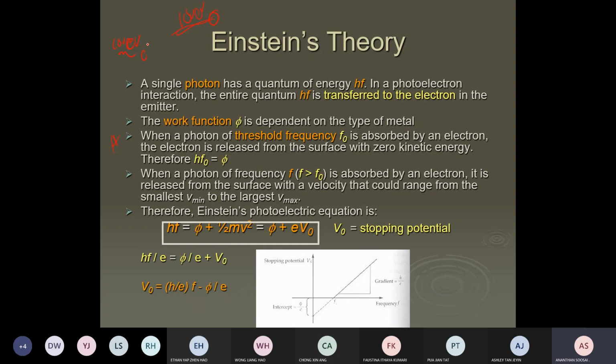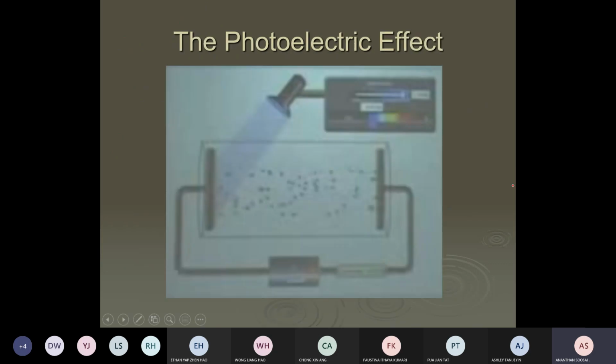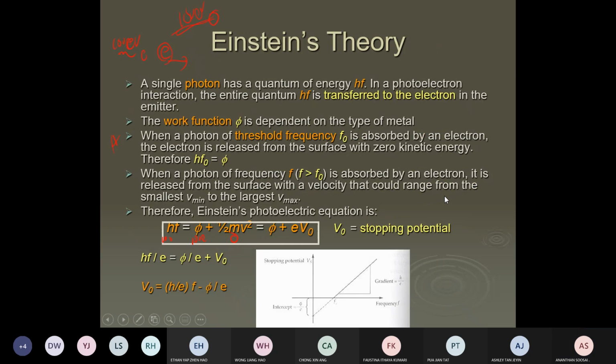Because bonding is 100 eV and the photon energy is also 100 eV, the electron will release. But does the electron have kinetic energy? It won't, because hf itself is 100 and the work function is also 100. The kinetic energy will be 0. So that's the third point.